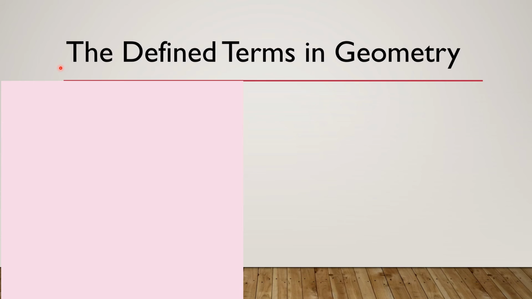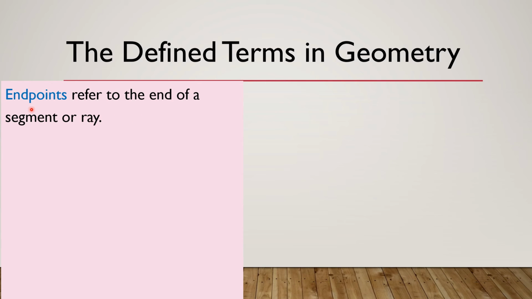Okay, now the defined terms in geometry. If we have undefined terms, we also have defined terms. Our first defined term is endpoint.